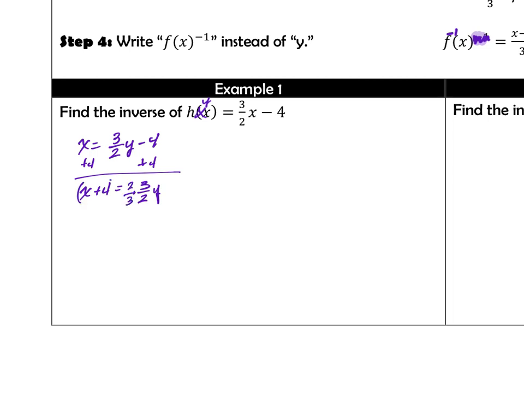So I'm going to multiply this whole thing by 2 over 3. That means h inverse of x, that's what y is, is going to equal 2 times x plus 4 divided by 3. I'm just going to leave it that way. Are there any questions? Just kind of remember this.